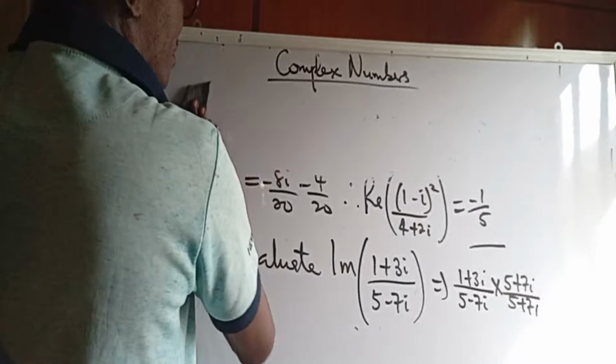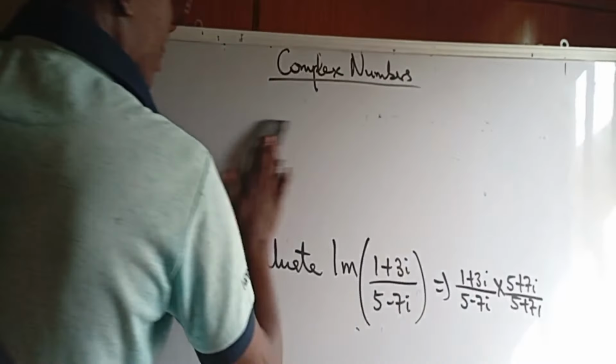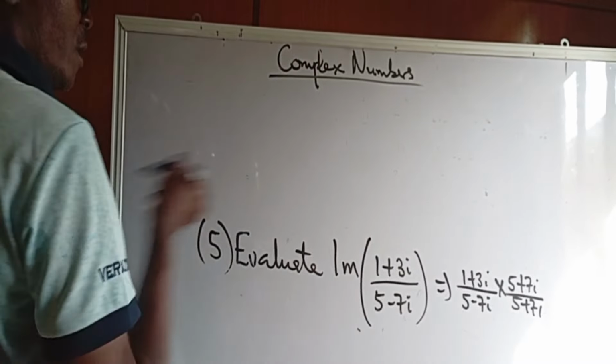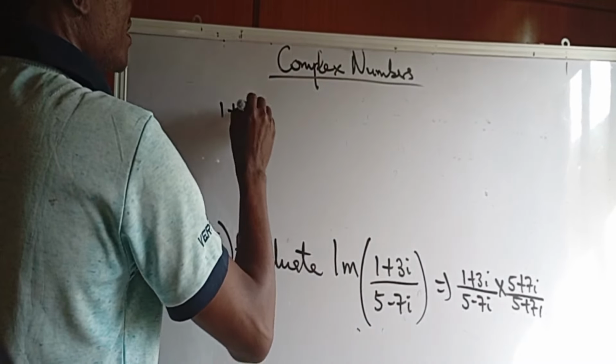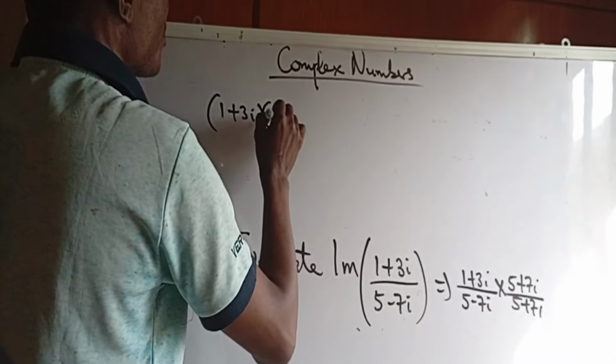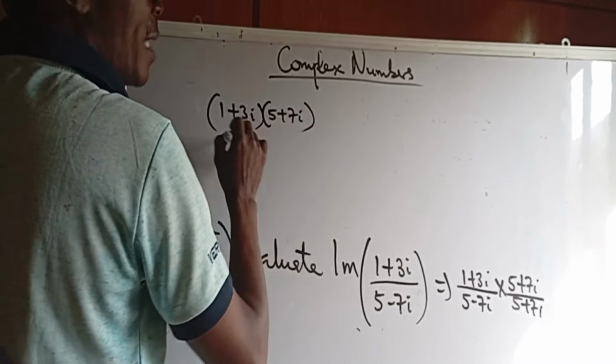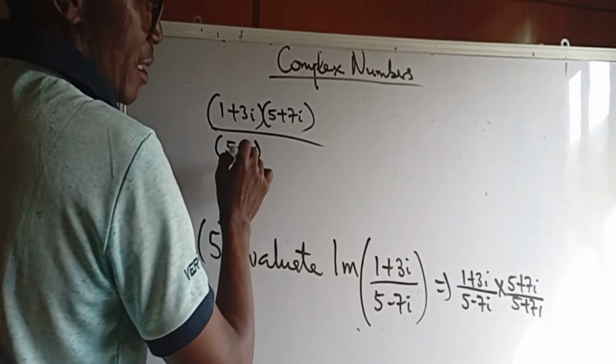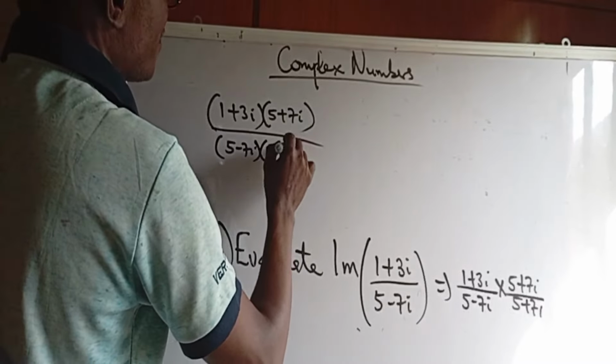So let's solve this. We're going to have 1 plus 3I in brackets times 5 plus 7I, then everything over 5 minus 7I times 5 plus 7I.